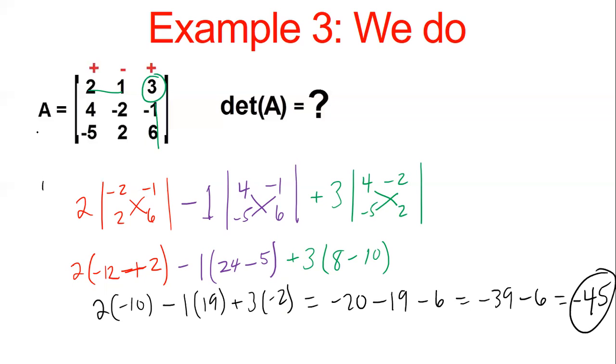All right, so step 1 is to set it up. We found our minor matrices. Questions on step 1? Good? Step 2, what did we do? We found our determinants of our minor matrices, right?